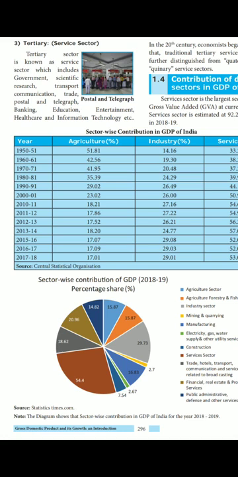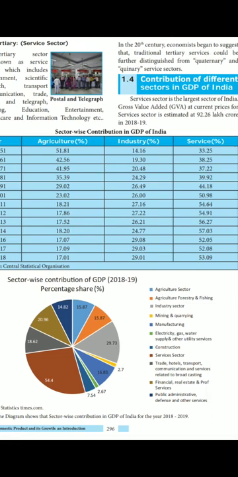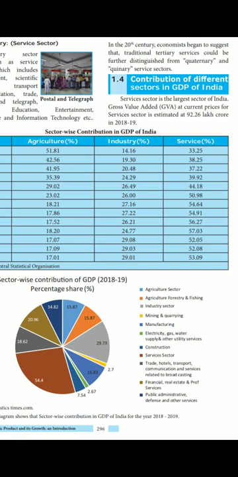All these come under the third sector, that is the tertiary sector or service sector. In the 20th century, economists began to suggest that the traditional tertiary service could be further distinguished into quaternary and quinary service sectors also.